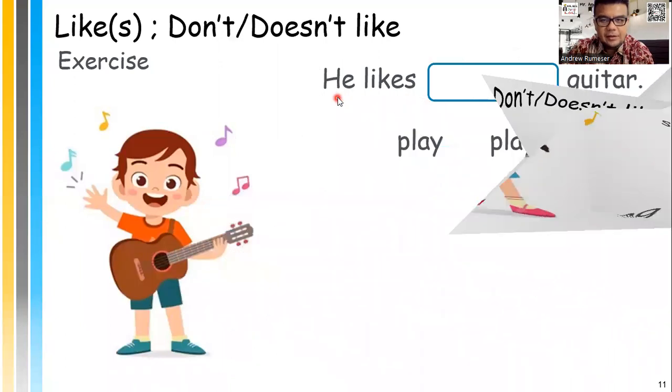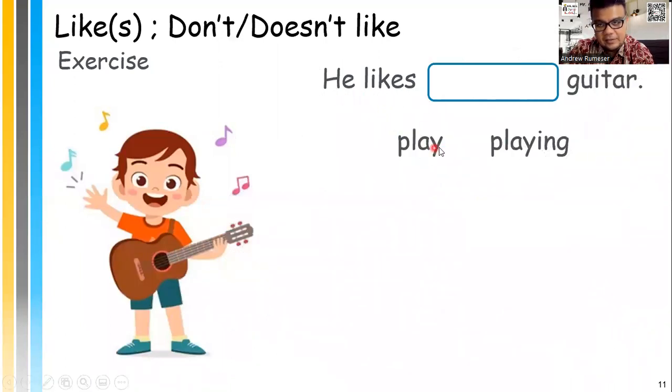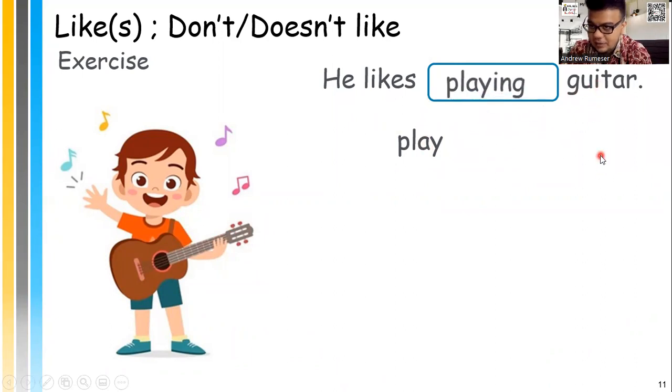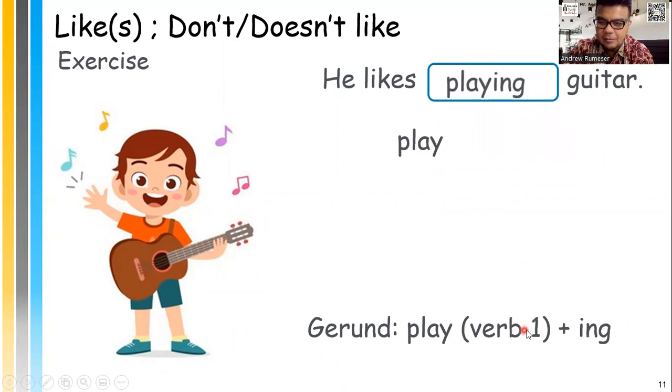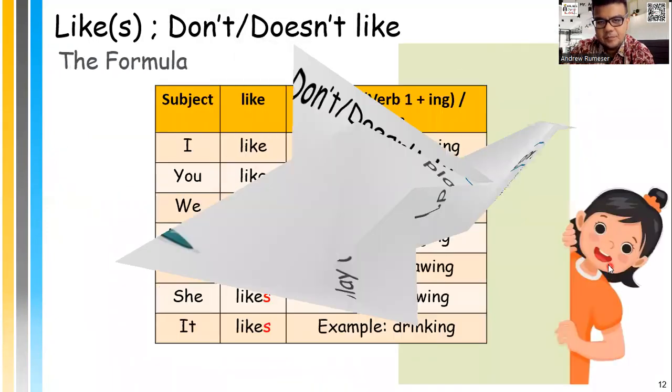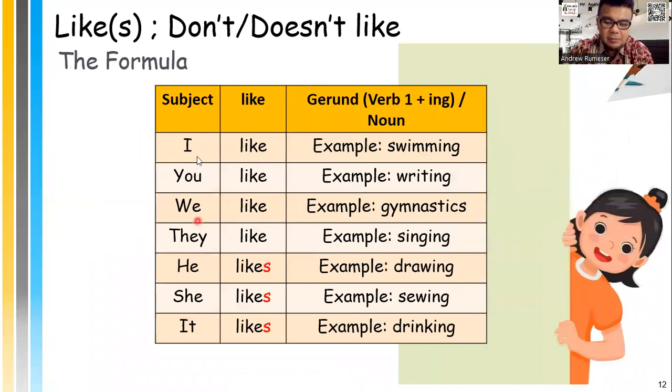All right, now next. He likes, which one? He likes play guitar or he likes playing guitar? Which one? Exactly. He likes playing the guitar. Again, play verb 1 plus ing. So here in this table, you see whether if the subject is I, you, we, they, then there is S or no S. No S. Very good.